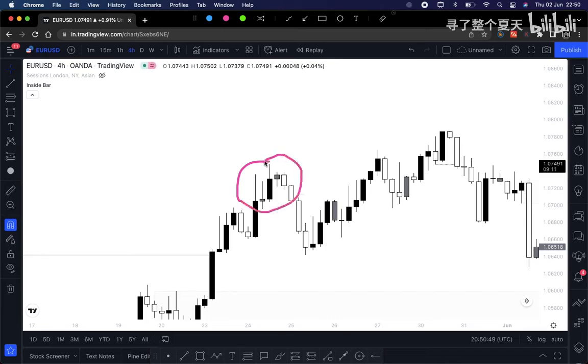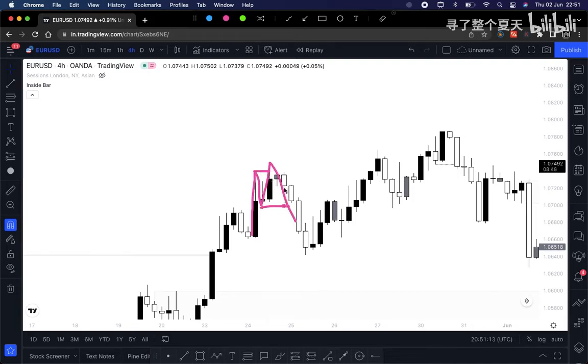Are you sure? I don't see it. High, low, high. Is that the very top candle? Nah, there is a high, a low, a high, and then a shift. Oh, okay. And then a break of market structure.